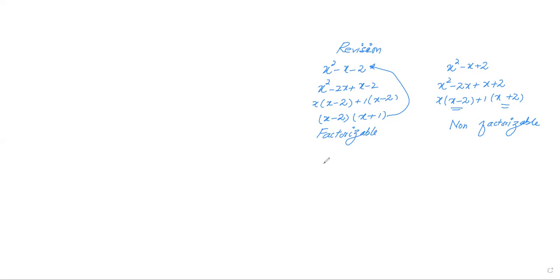Now, another example: if we have x square minus 4, whenever we have two squares with a minus sign between them, you have to use the formula a square minus b square equals a minus b into a plus b. So here x square minus 2 square gives x minus 2 and x plus 2.